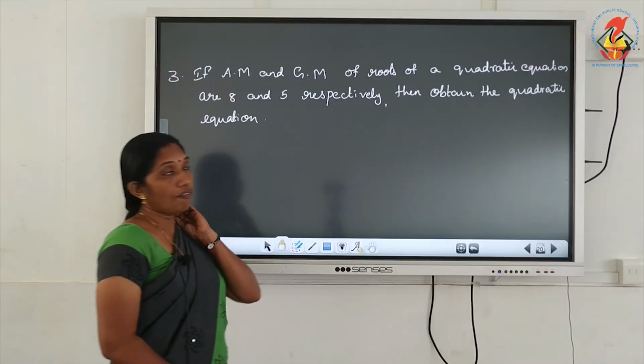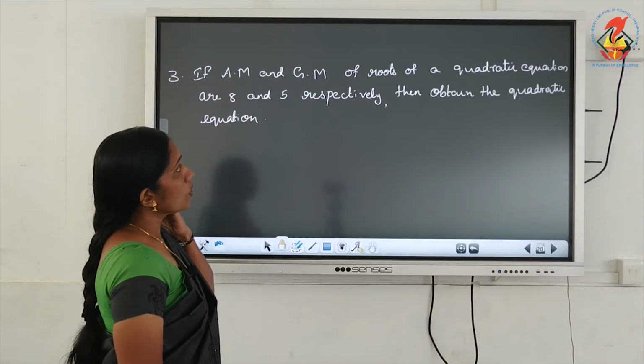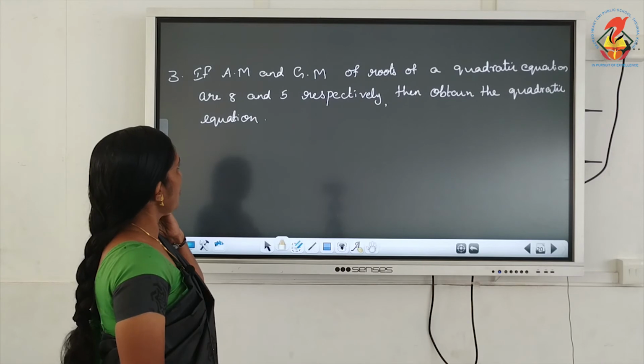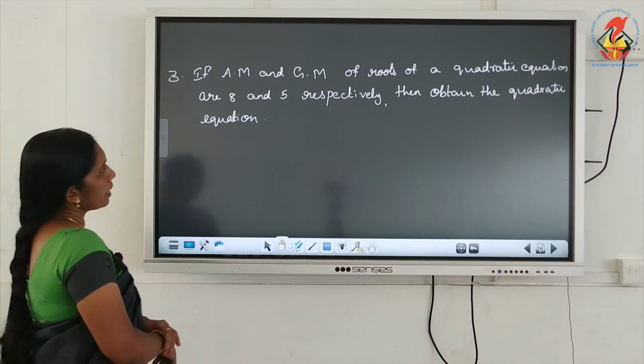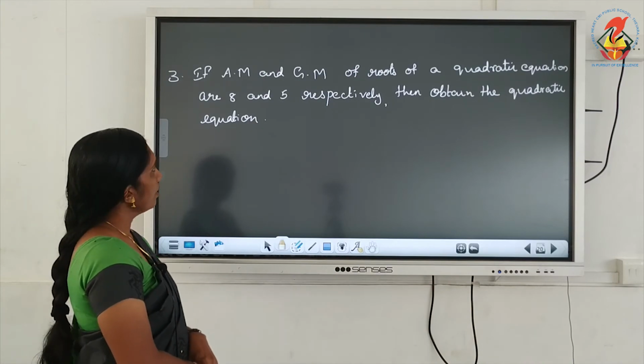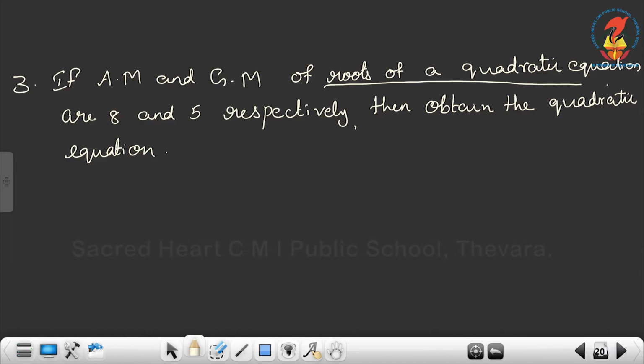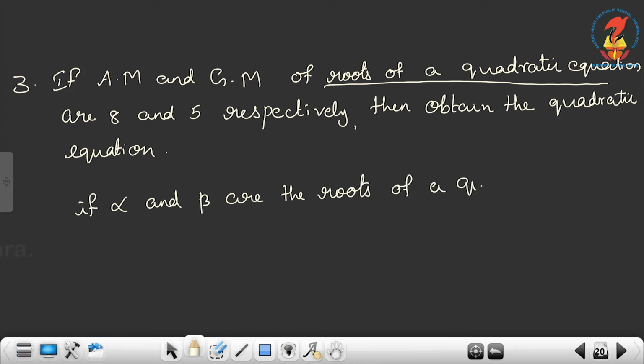The next is, if AM and GM of roots of a quadratic equation are 8 and 5, then obtain the quadratic equation. So if roots of a quadratic equation are given, 10th standard you have studied, if alpha and beta are the roots of a quadratic equation, then how to write the equation?